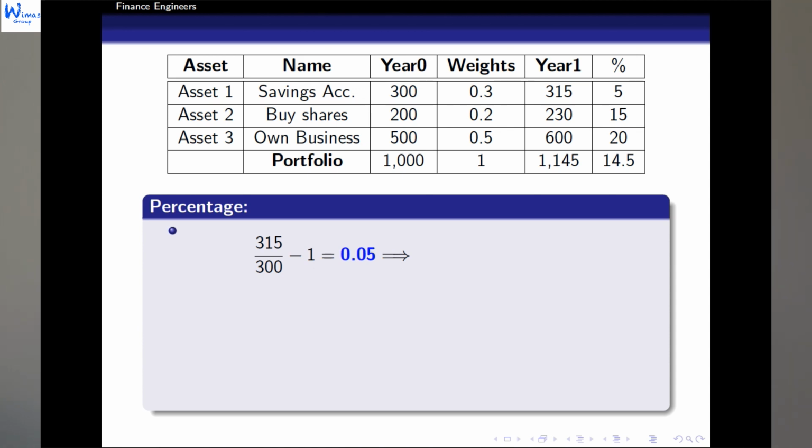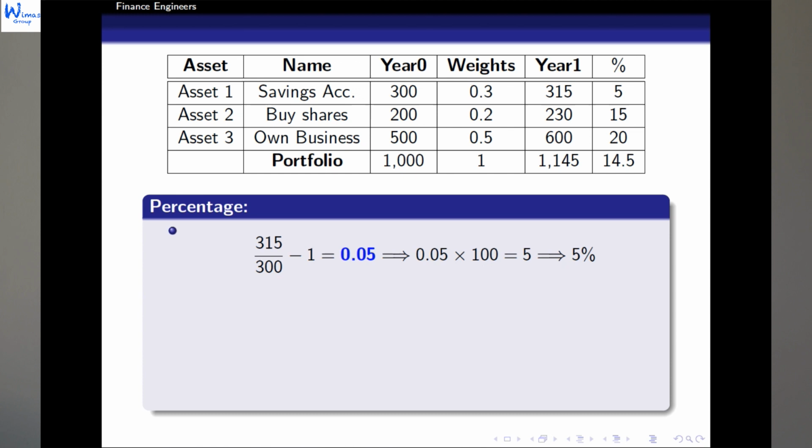We multiply it by 100 and we obtain 5 out of 100, because 0.05 is like dividing by 1. But if we divide it by 100, we multiply the numerator by 100 and the denominator by 100, and we obtain 5%. And you can do the same for all the 3 assets.